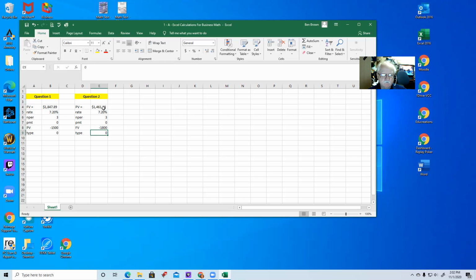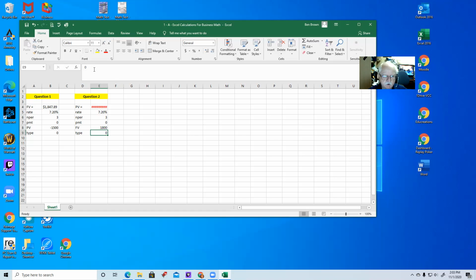And incredibly enough, we get exactly the same answer. Now we could consider the cash flow concept here. If the present value is going into the investment, the present value should probably be negative and the future value should be positive.